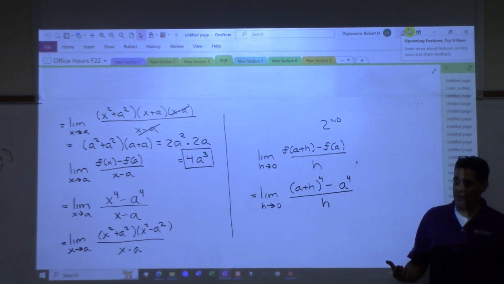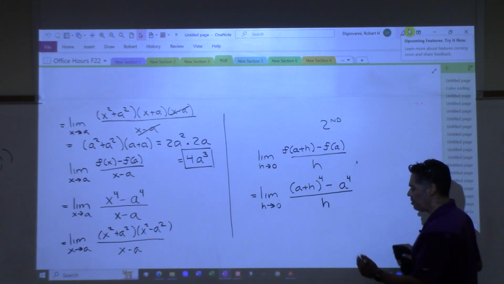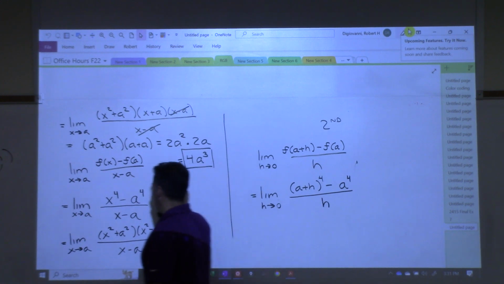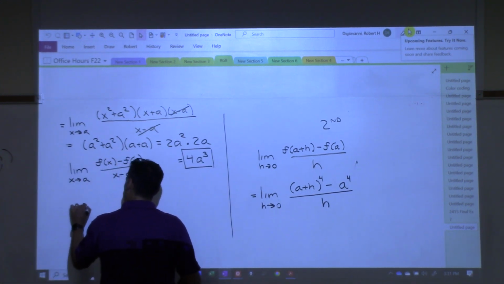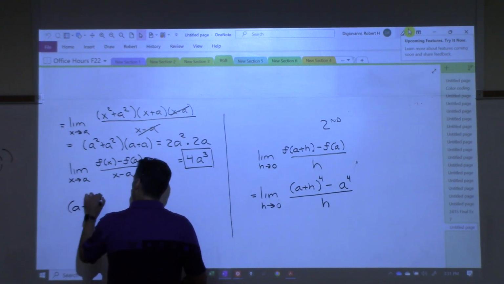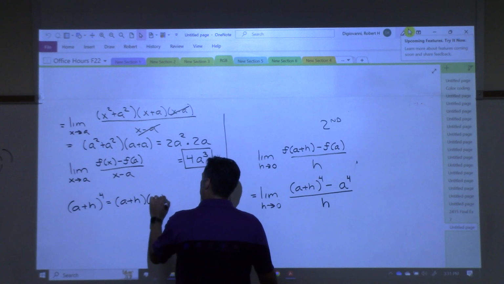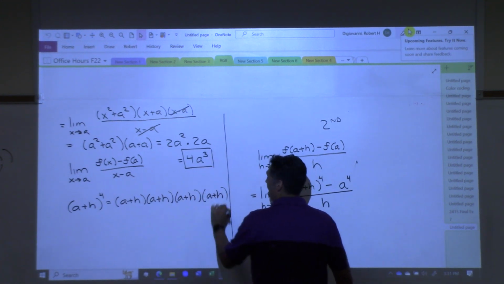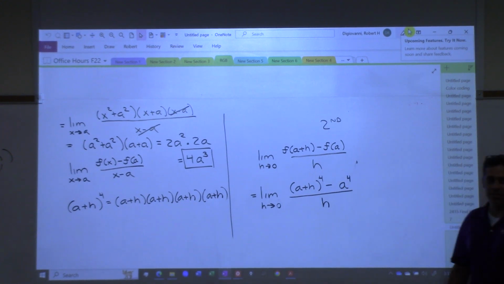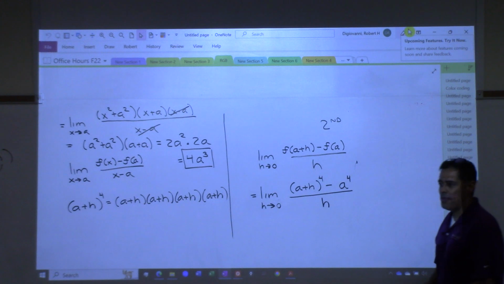I'm not saying we couldn't do difference of squares, but couldn't I also do a plus h times a plus h times a plus h times a plus h? I could if I wanted to torture myself enough. Does anyone know what that is?